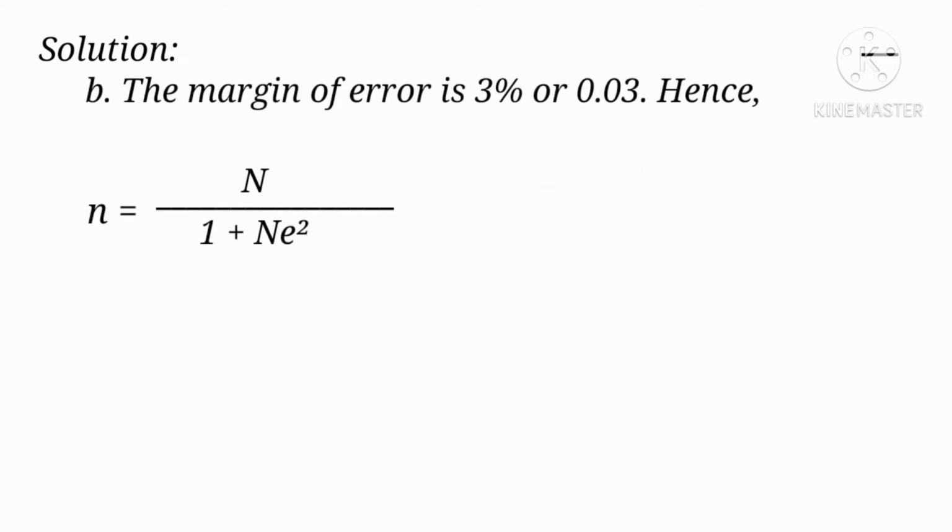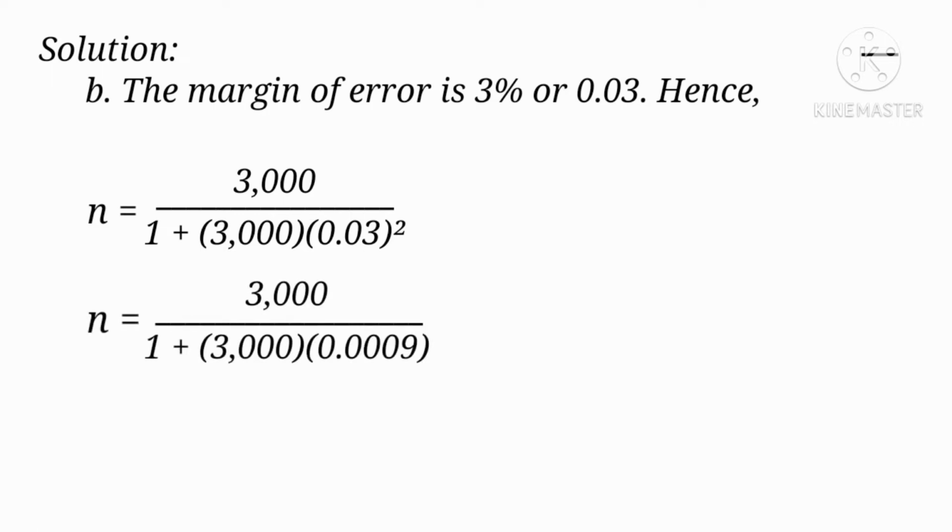For the margin of error at 3% or 0.03, we will use the same method of getting the sample size. So substitute the given values to the formula, wherein 3,000 is the number of population and 0.03 as the margin of error. So we will have n is equal to 3,000 over 1 plus 3,000 times 0.03 squared.